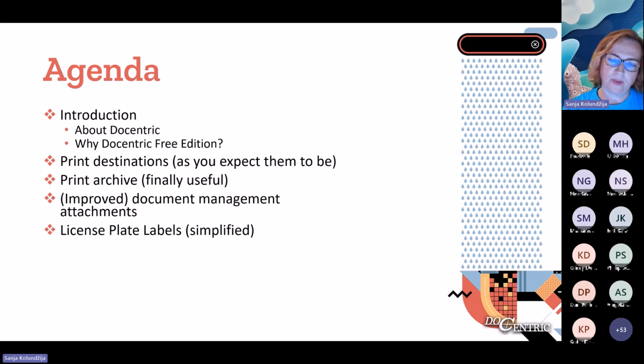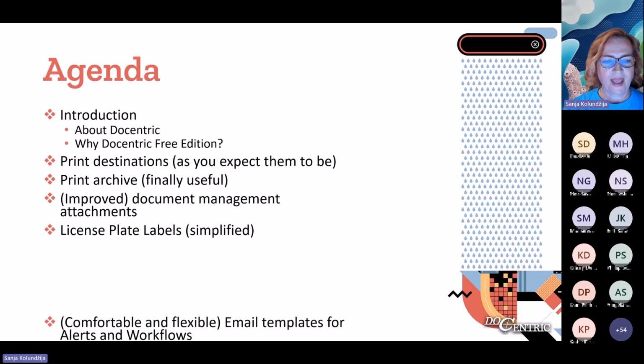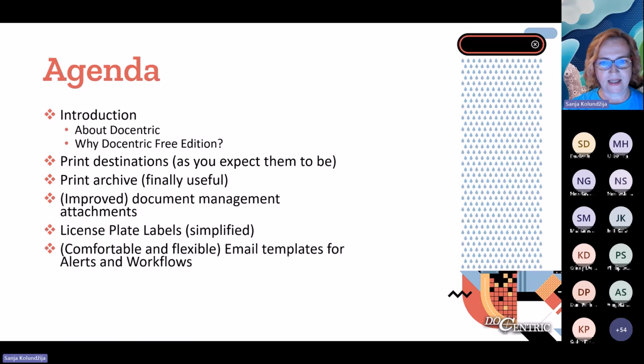But then along the way, we identified a lot of things that could be improved generally about the whole user experience, so our free edition also got some benefit out of this adventure. Email templates that are used for alerts and workflows, we made them much more comfortable and flexible. We will see that as well.